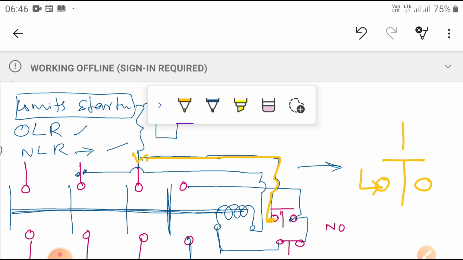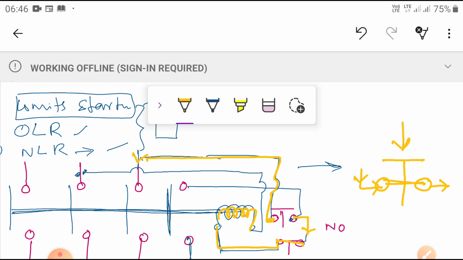If I press in this direction, what will happen? It will come to this one and the contact closes. If the contact closes, whatever current comes here, it will go here. Then it is going here. Normally it is closed and is coming here, entering, and current is flowing through the coil.